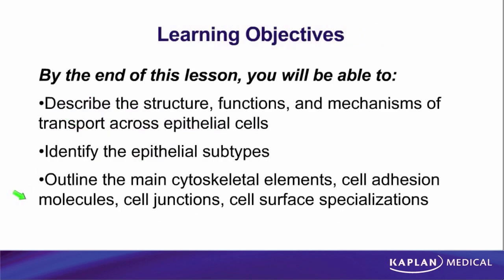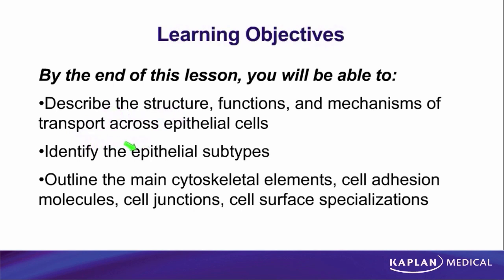Okay, so what we said we wanted to accomplish in this section was to describe the structure, function, and mechanisms of transport across epithelial cells. And remember, that can be either through the epithelial cell or around the epithelial cell. We wanted to talk about the different types of epithelial cells.